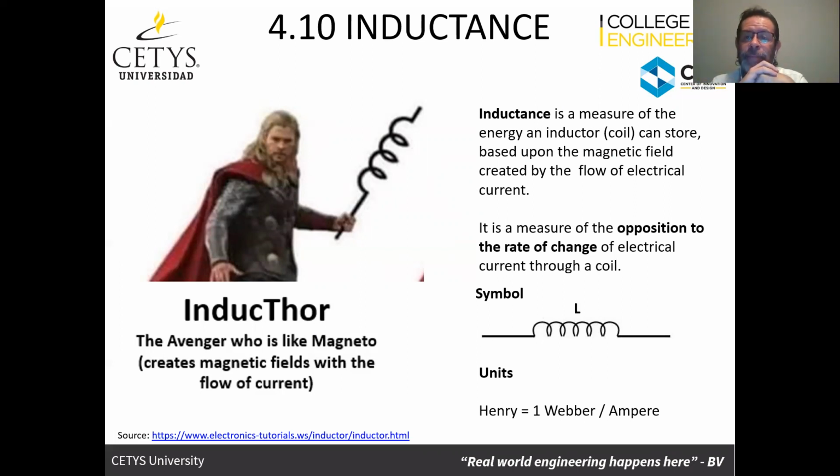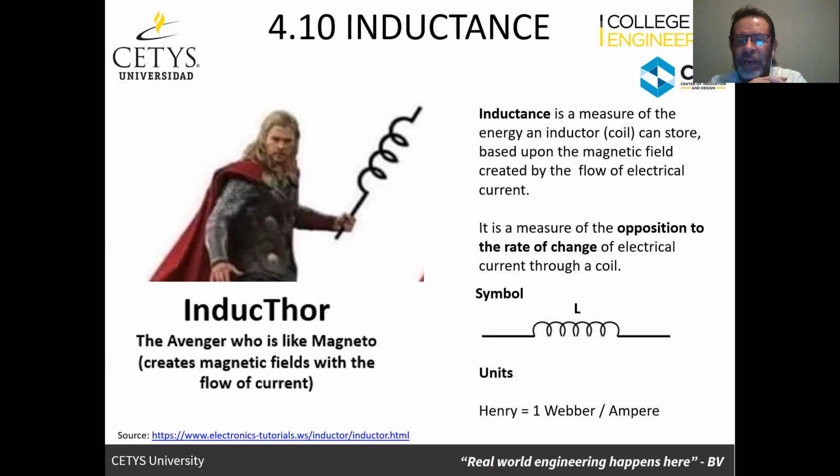Inductance has to do with that. And remember one thing, magnetism is created by movement. The current moving through a coil is going to generate a magnetic field. If we move a conductor through a magnetic field, it is going to induce a current. Everything has to do with movement, so that's why we're talking about a rate of change.